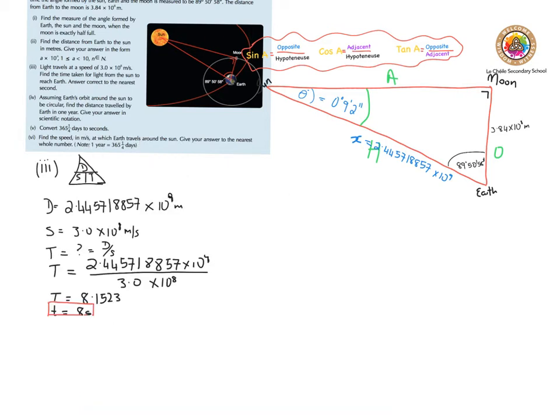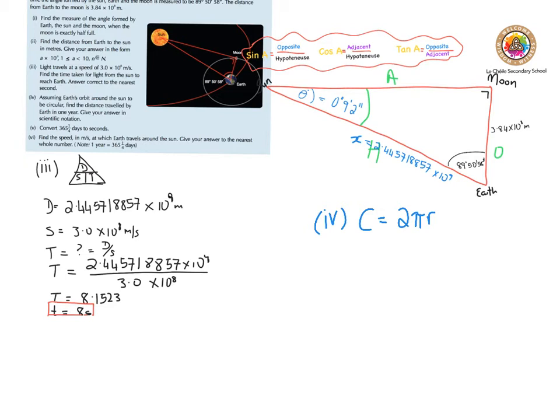Okay, so coming on to part 4, we're told assuming Earth's orbit around the sun to be circular. Okay, so I'm just going to write part 4 here. Find the distance travelled. So the first thing, the length of a circle, or the circumference of a circle, we know is 2 pi r.